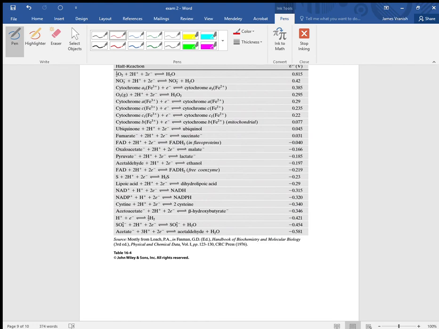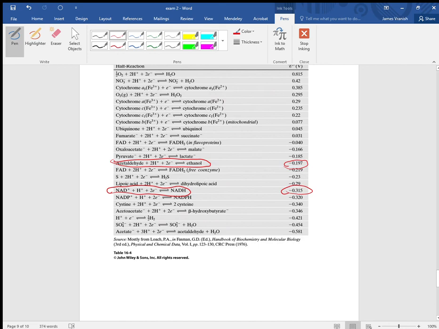One of the things we're doing is taking acetaldehyde and converting it to ethanol. Well, that's right here. Here's the E0 value for it. The other process was taking NADH and converting it to NAD. So we're doing this reaction here, but in reverse.